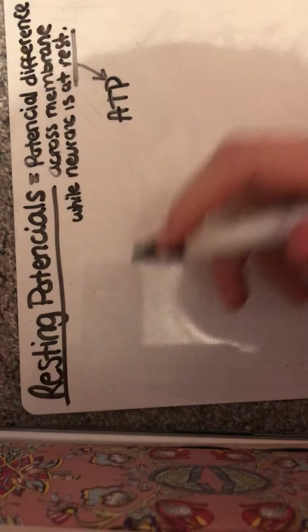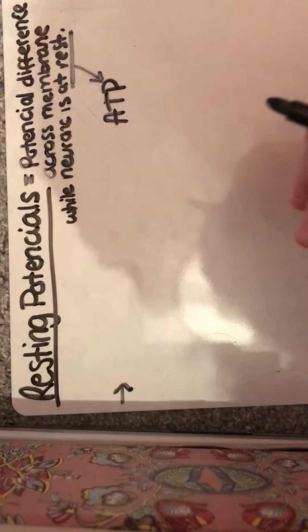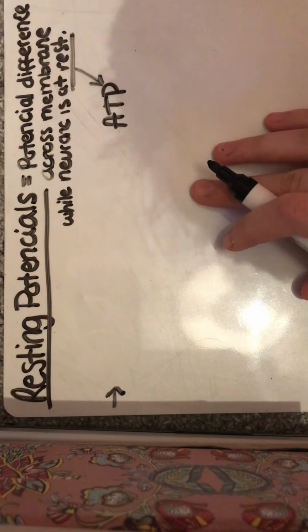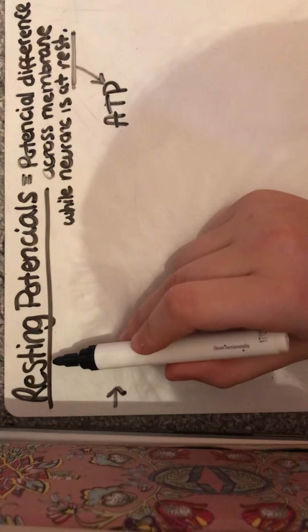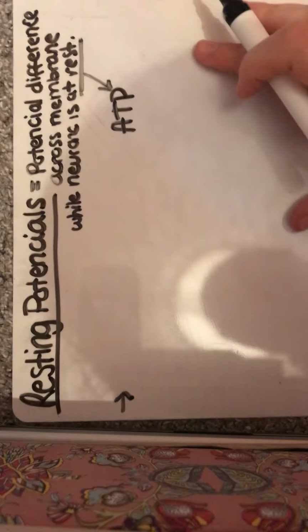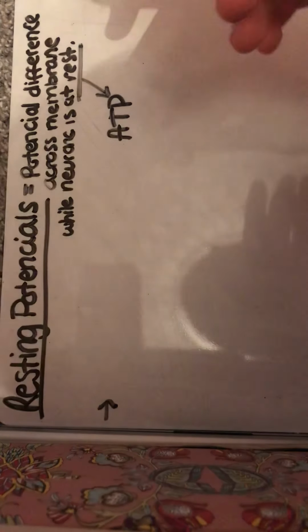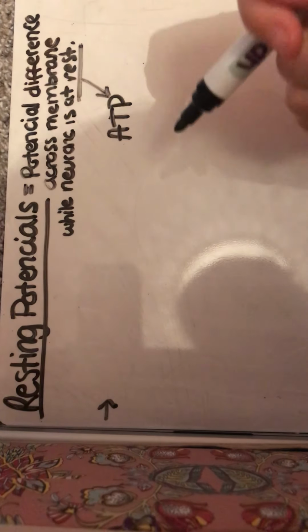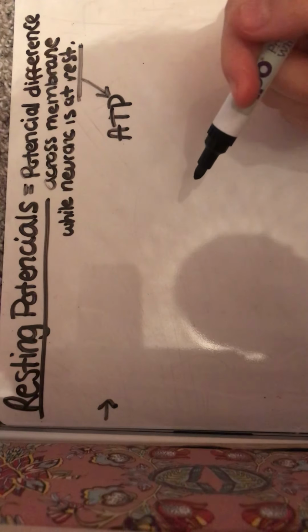So what's actually happening here is that the purpose of this is to try and maintain the potential difference, which is when you're dealing with positive and negative charges. So the inside of the neuron has to be a more negative charge.